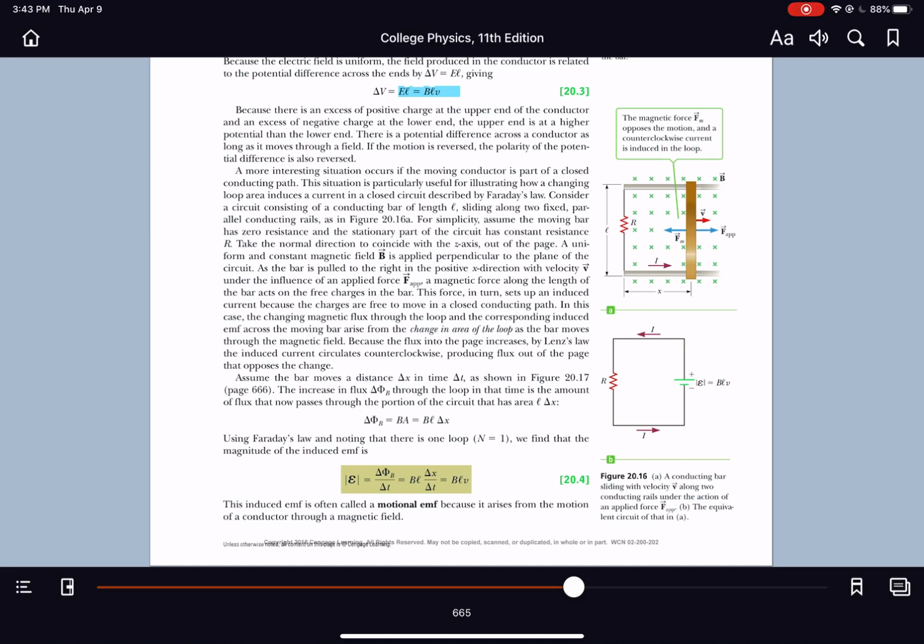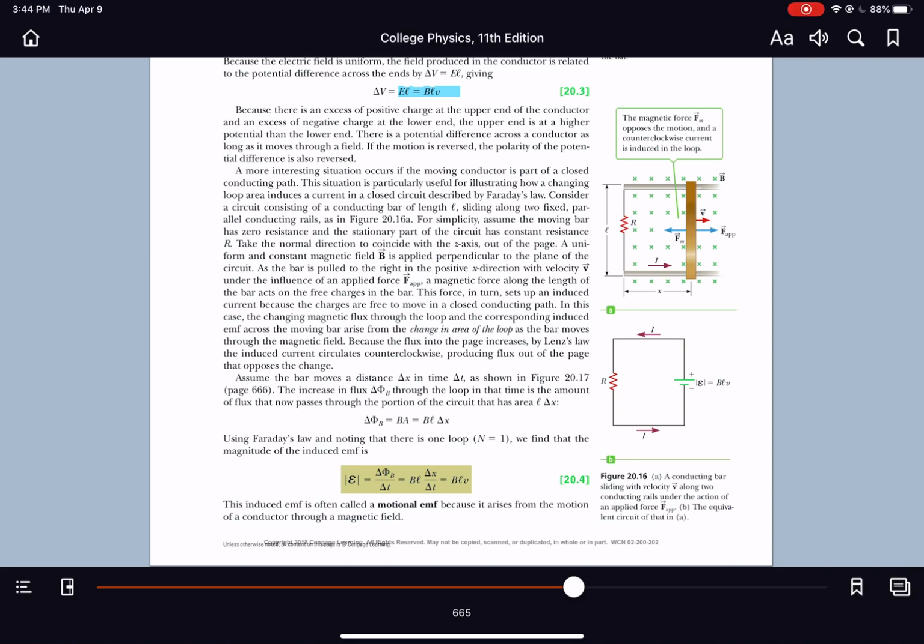And you can use your right hand again, because we're talking about the movement of positive charge. You should be doing this now. Have a flat hand. Have your fingers going straight into the page for the magnetic field. Have your thumb going towards the right for velocity.